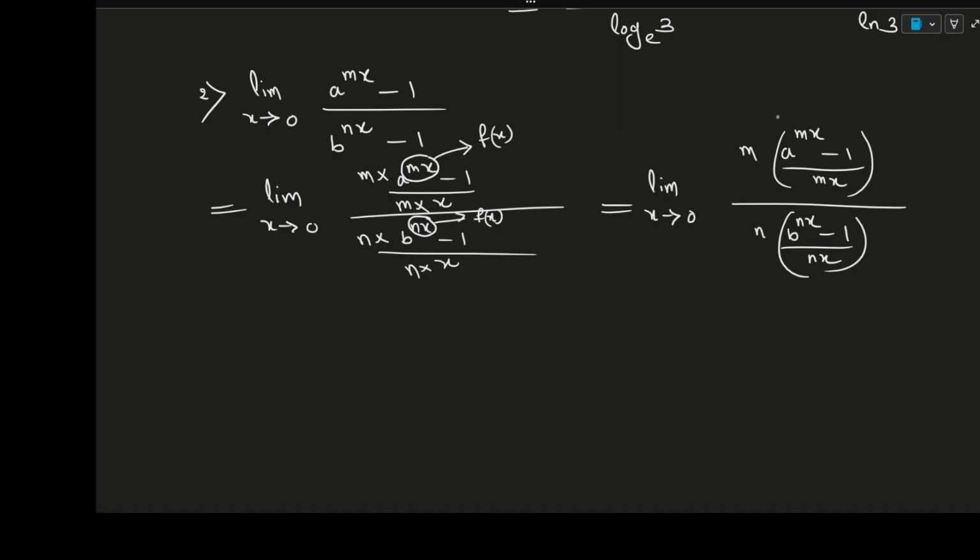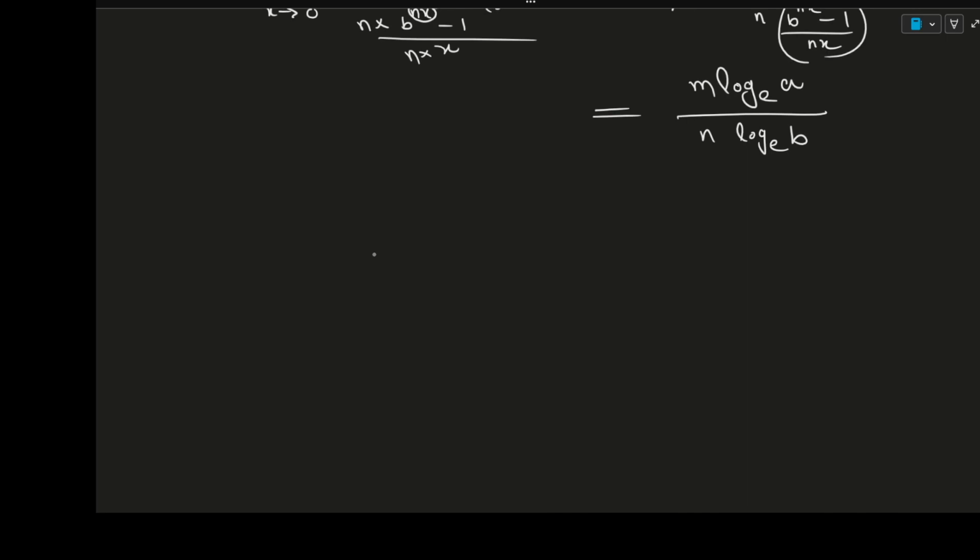So the limit of this one will be log e to the base a, and the limit of this one will be log e to the base b. So the reduced result will be m log e to the base a divided by n log e to the base b. That's all. Now we'll see some another question.